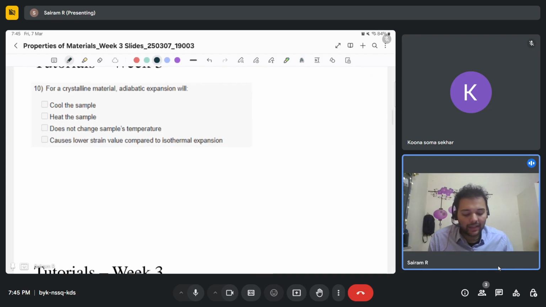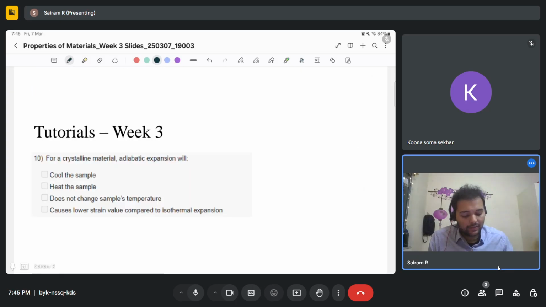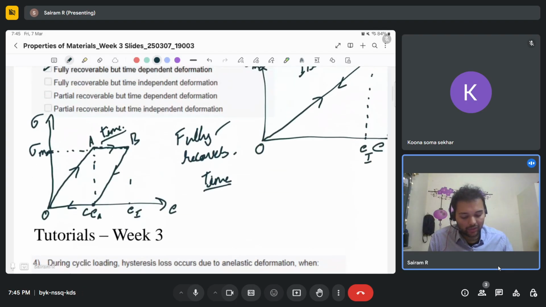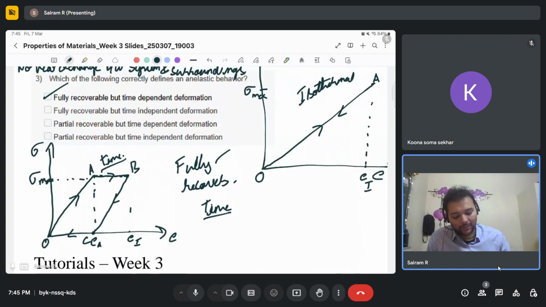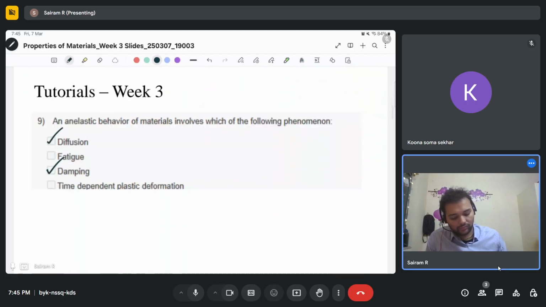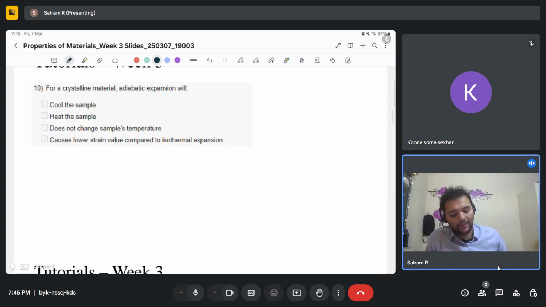For crystalline material, adiabatic expansion, as we had been discussing earlier, during adiabatic expansion there is going to be a cooling during tension, and in an adiabatic process, upon compression, it is going to heat up the system.